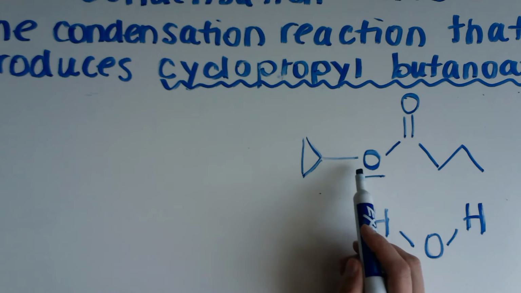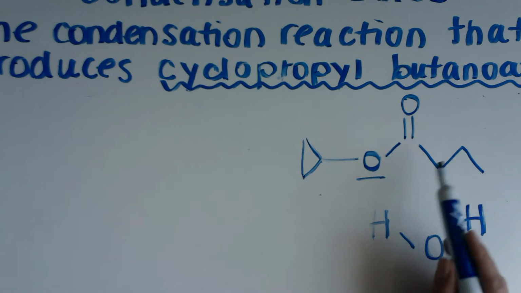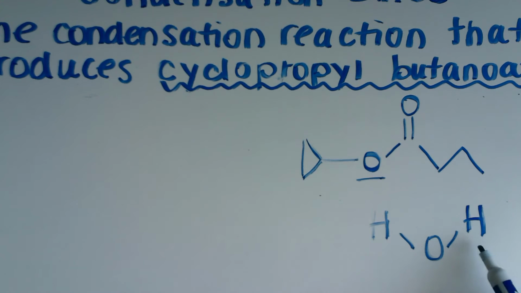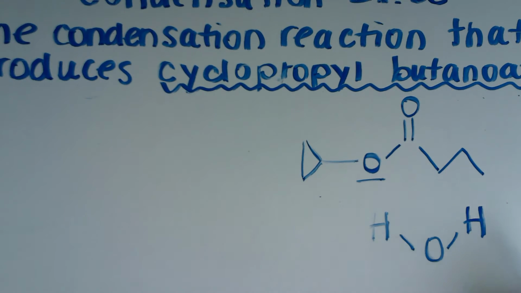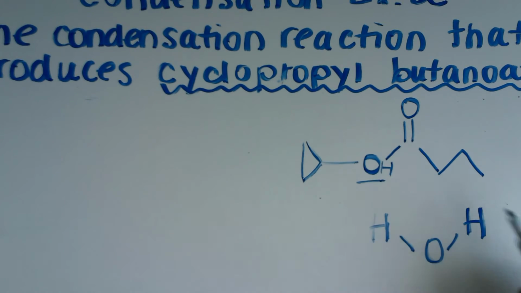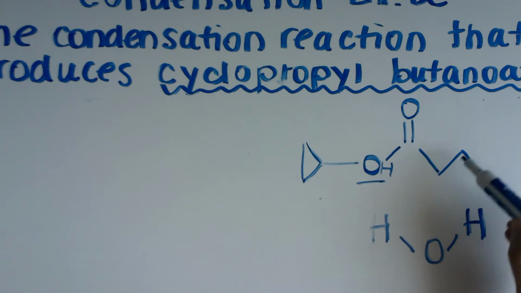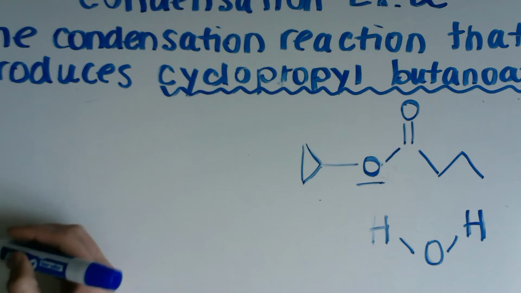So if we lost one hydrogen from one side, and a hydroxyl group, so an oxygen and a hydrogen, from the other side, we can figure out that by putting a hydrogen right here, this makes a carboxylic acid. So let's draw that out over here as one of our reactants.